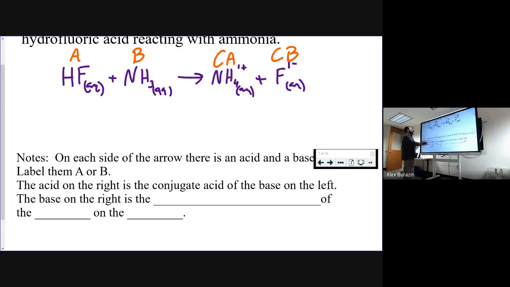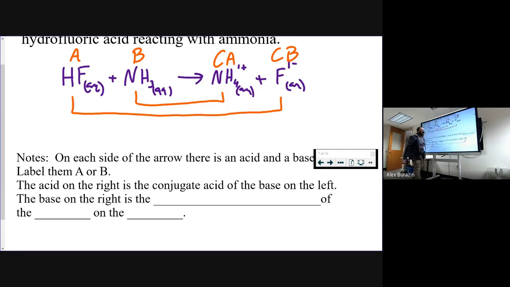The other way is this was my acid, and its conjugate base is what it turns into after it donates a hydrogen. This is my base. Its conjugate acid is what it turns into after it's accepted a hydrogen. They're paired up.